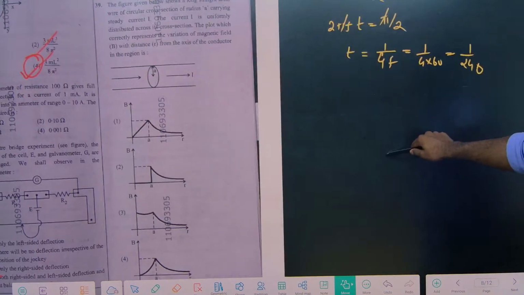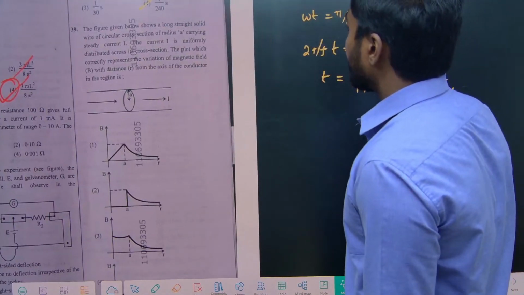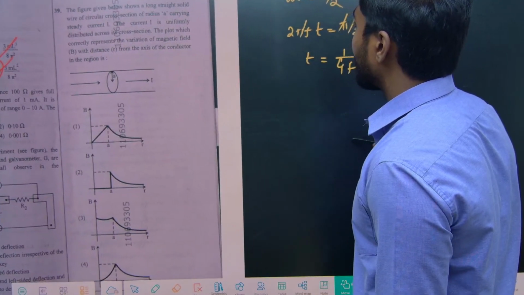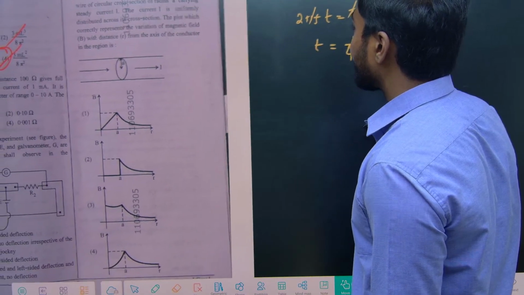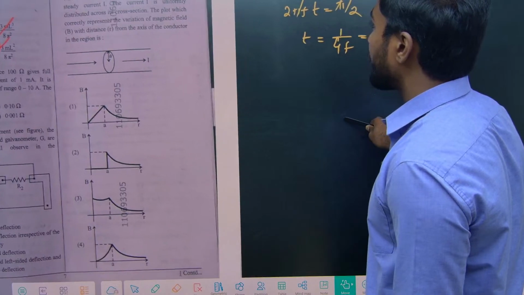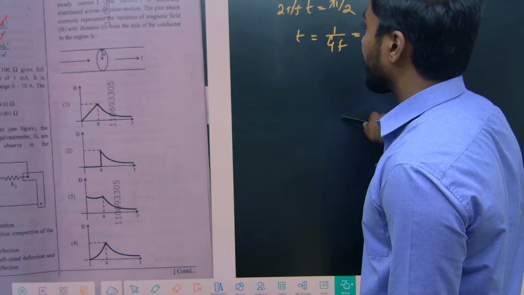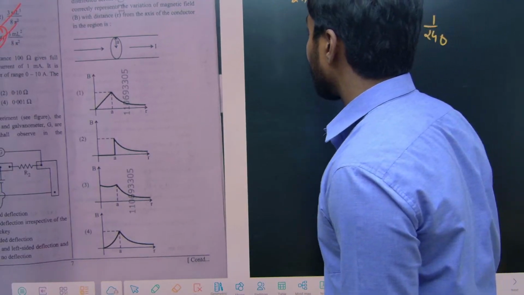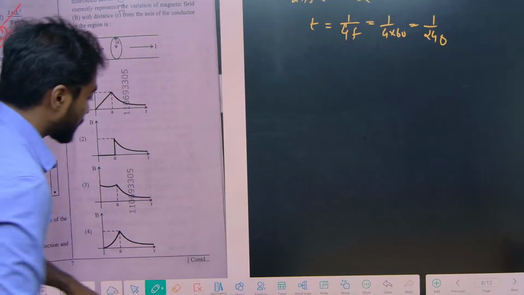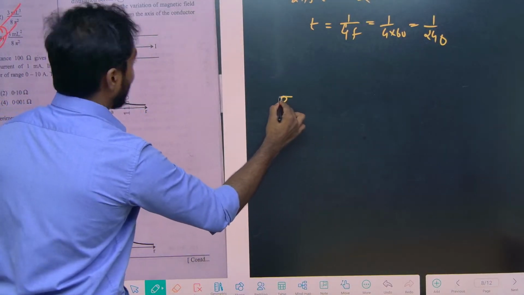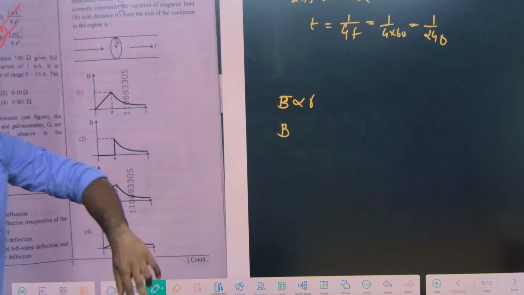So next question. Here they have given a figure showing a long straight solid wire of circular cross section of radius a carrying a steady current I. The current I is uniformly distributed across its cross section. The plot which correctly represents the variation of magnetic field from the axis of the conductor: what they are saying is initially B is directly proportional to r, and what happens for the next part?